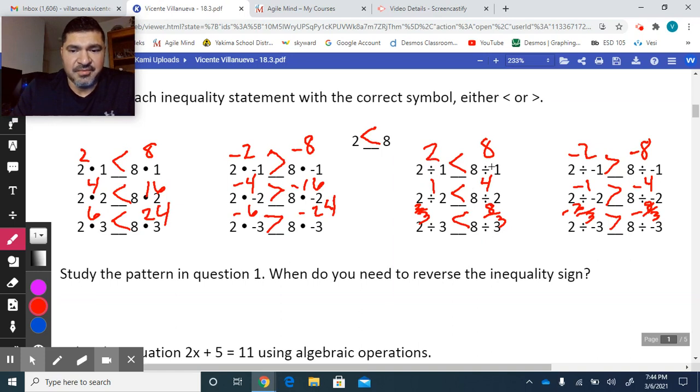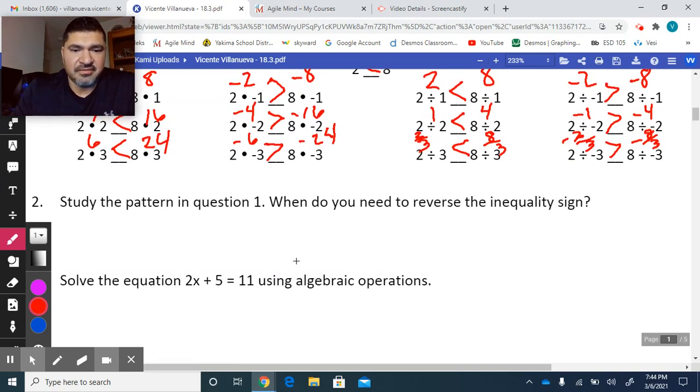These are all the same numbers. These are the same as these here. Okay, the difference is these are negative and these are negative. Okay, but again, the symbol did flip. So when do you need to reverse the inequality sign?